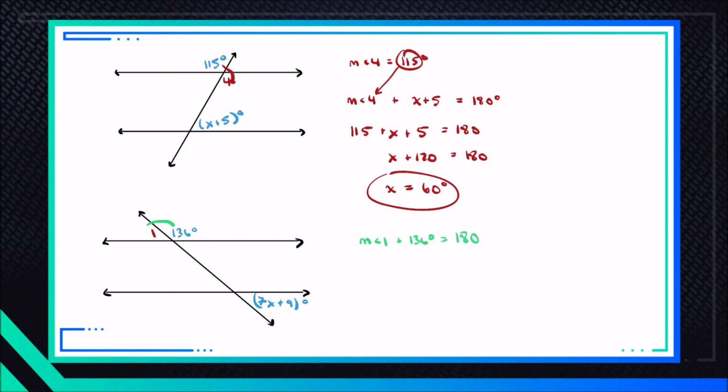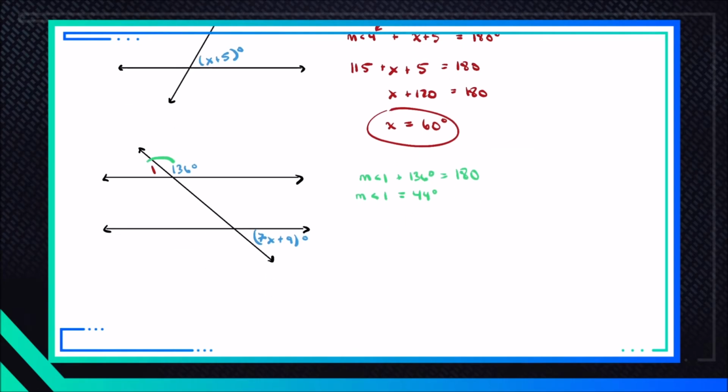So if we subtract 136 from both sides, we get that the measure of angle 1 is going to be equal to 44 degrees. We also know that the measure of angle 1 is going to be equal to 7x plus 9 degrees. They're alternate exterior angles, so they are congruent.